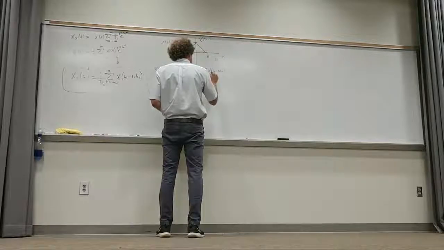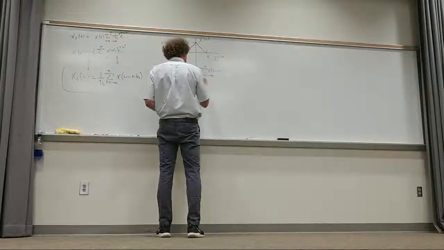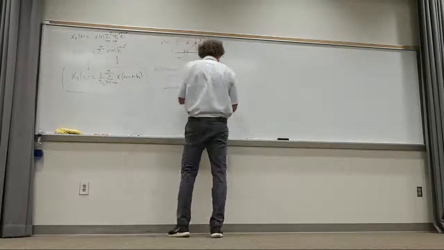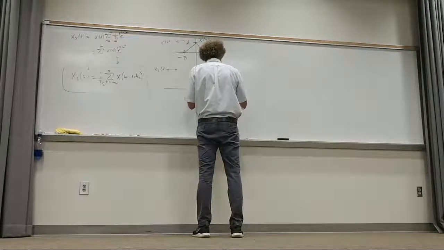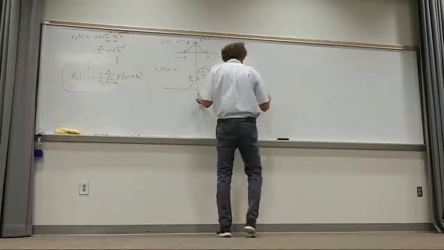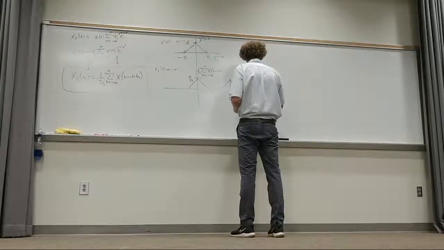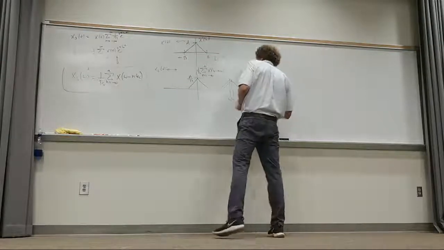N goes from minus infinity to infinity. And what that looks like is this. Now I have A over Ts right here. And then at omega s, I have it repeated. And then out here at 2 omega s, I have it repeated. And so forth.